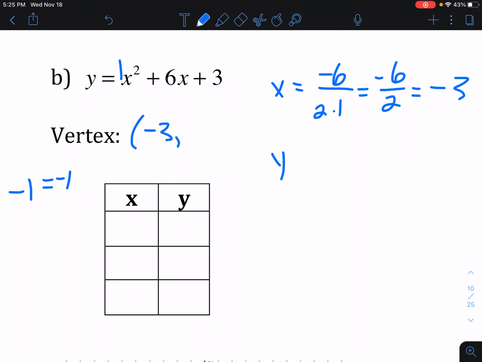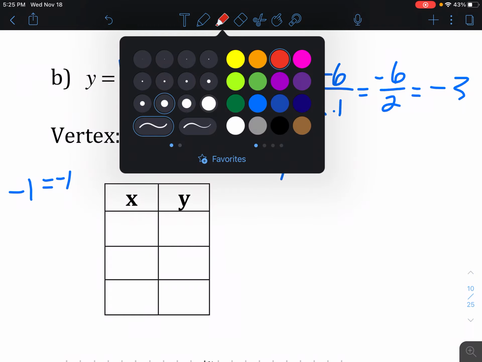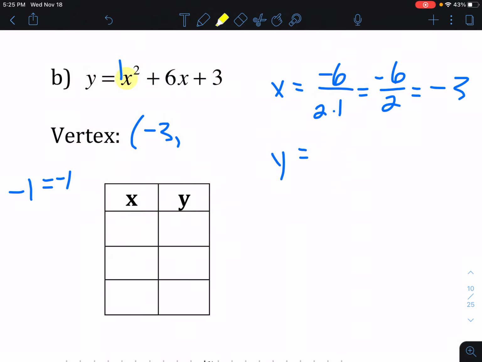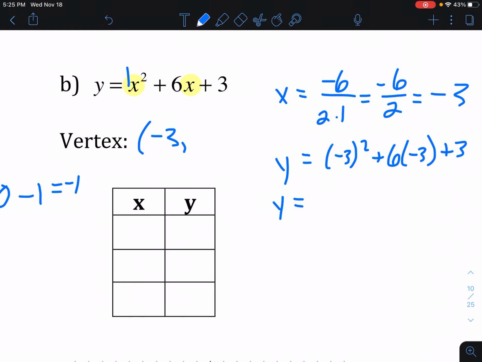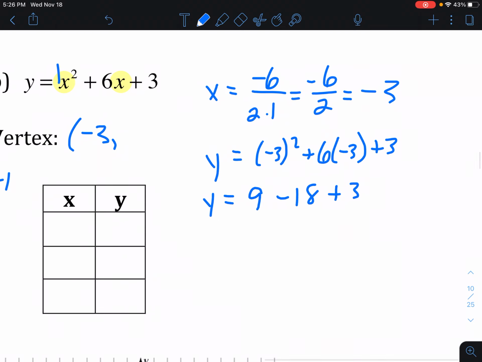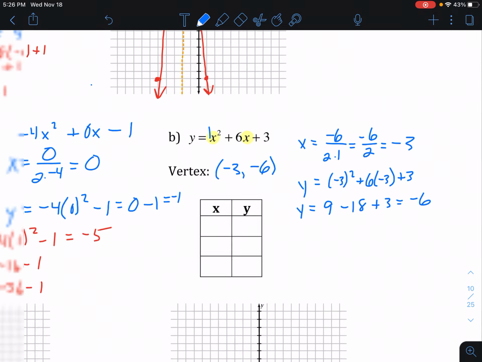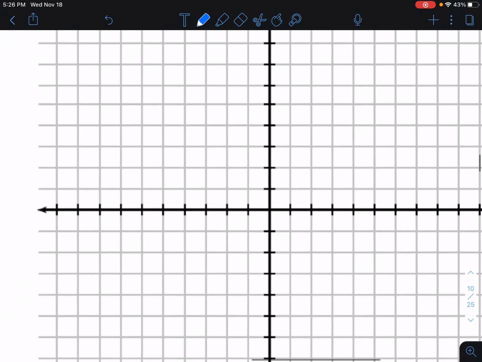Now I'm going to plug that back into the formula for the x's and then find out what the y is. So squared, and then I can multiply in the same step. That'll be -9, -6. So I'm going to plot that vertex now, -3, -6.